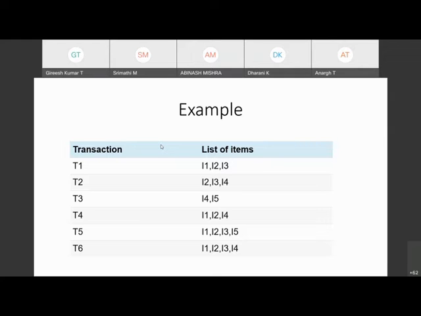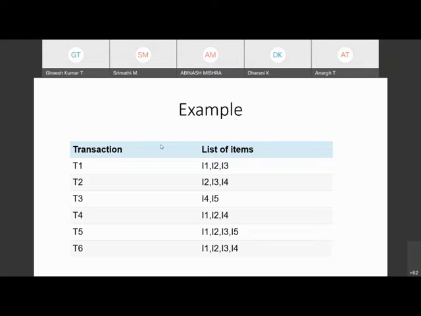Transaction 4 has item number 1, item number 2, and item number 4. Transaction 5 has items 1, 2, 3, and 5. Transaction 6 has items 1, 2, 3, and 4.